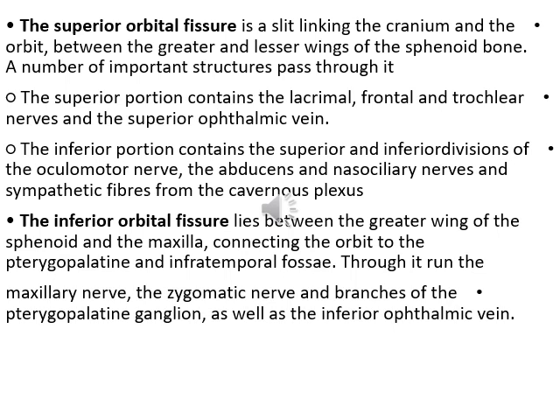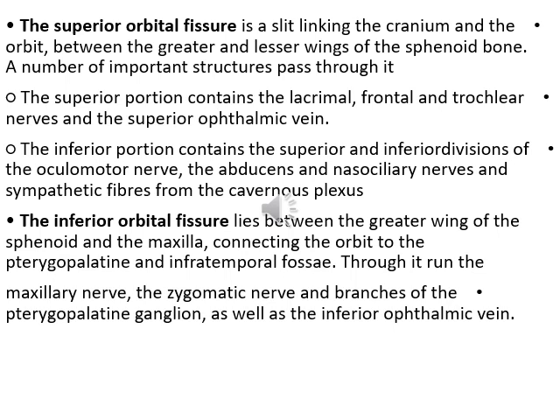Its importance is that, like a foramen, it transmits a number of structures to the orbit. These structures are very important to know. We divide it into a superior portion and an inferior portion.